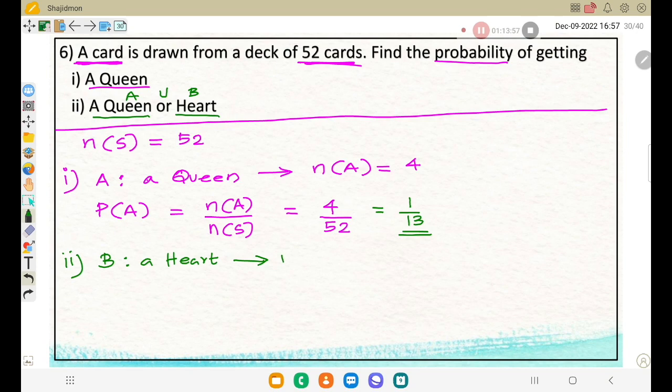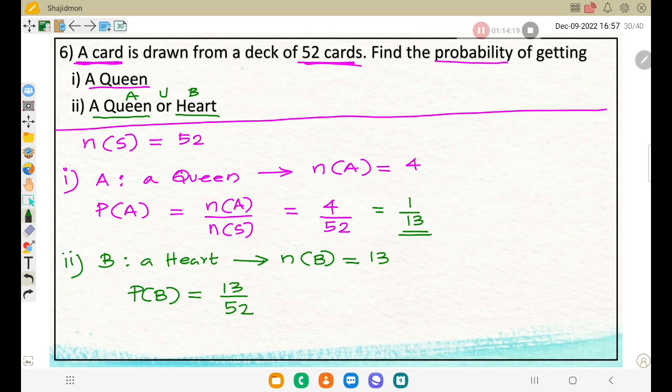So how many elements in B? Number of elements of B: how many heart cards will be there? 13. So what is the probability of B? Probability of B equals 13 divided by total number of cards, 52. 13 divided by 52. I hope you understood that one, correct?